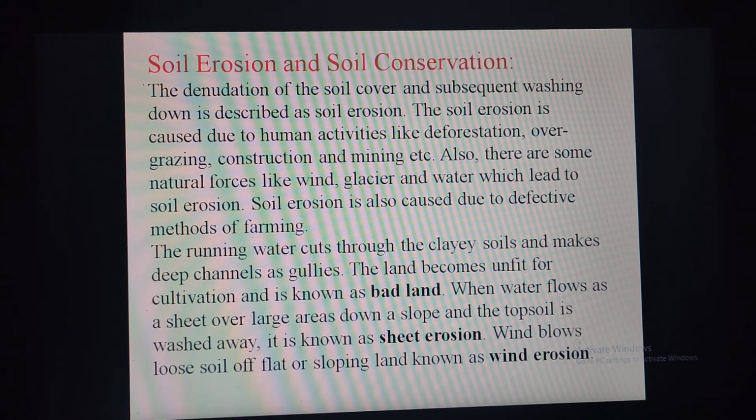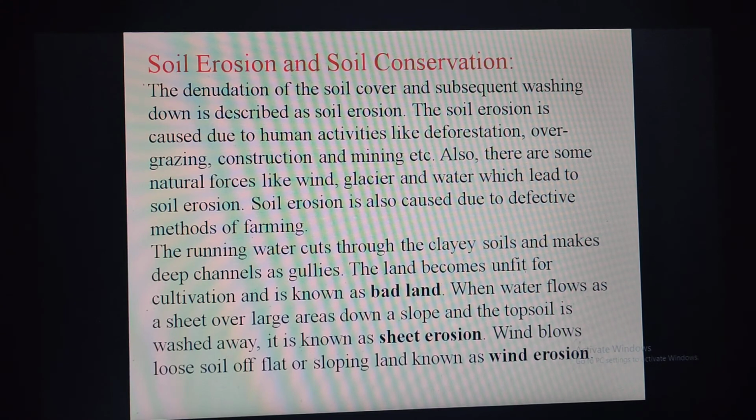Soil erosion is also caused due to defective methods of farming. What we are doing, we are deforesting the land, overgrazing, construction and mining; all these activities cause soil erosion. Again, there are natural factors also like wind, glacier, water which result in soil erosion.